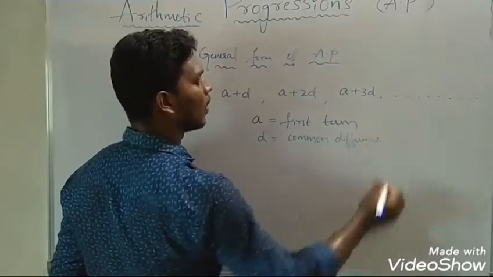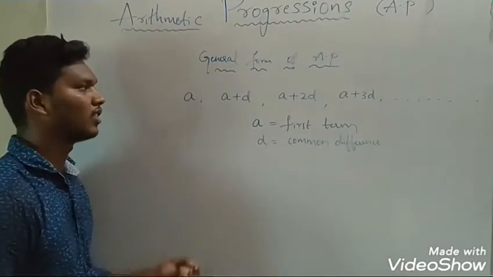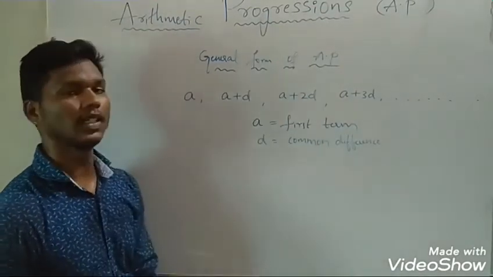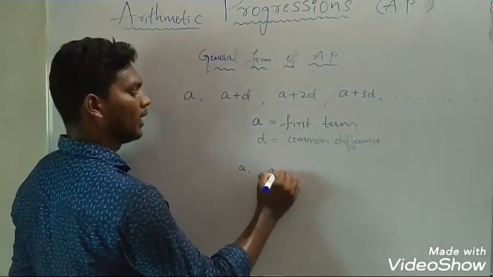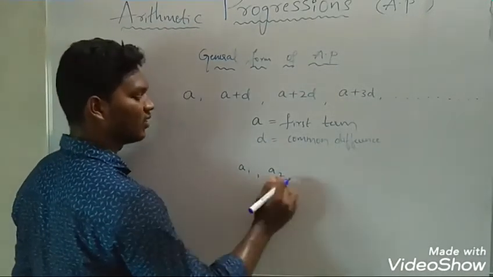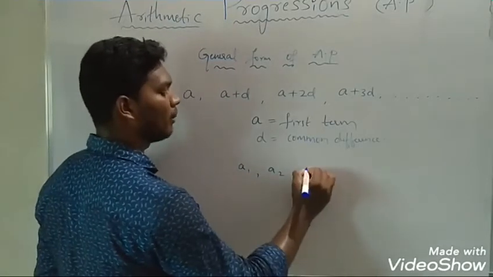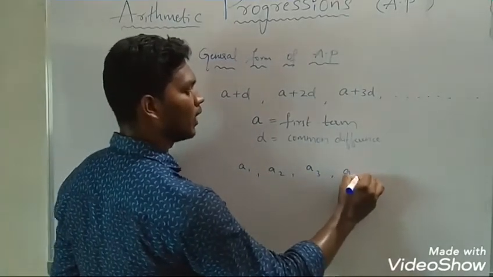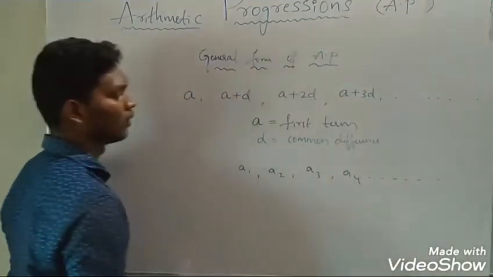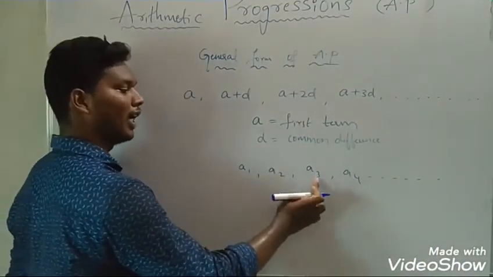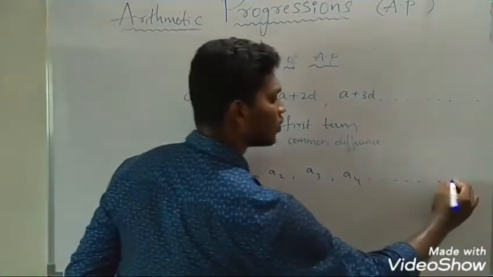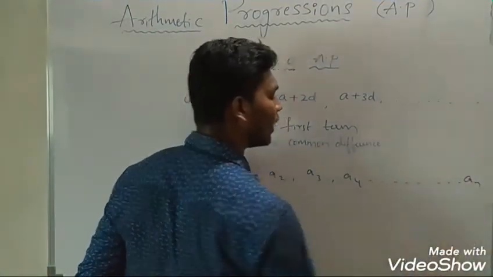But we may also write the series of AP as a1, a2, a3, a4, and so on, up to an.